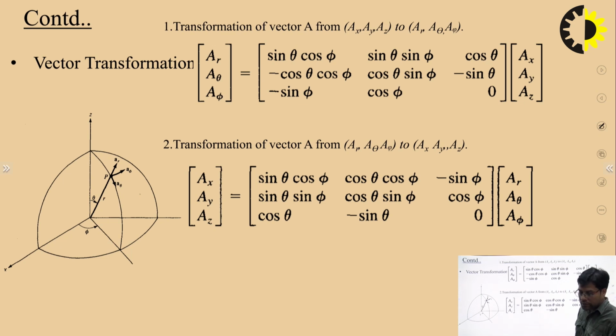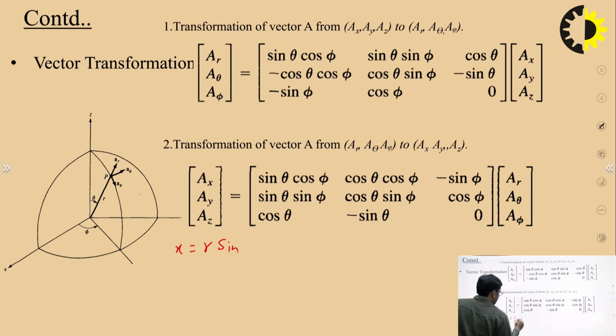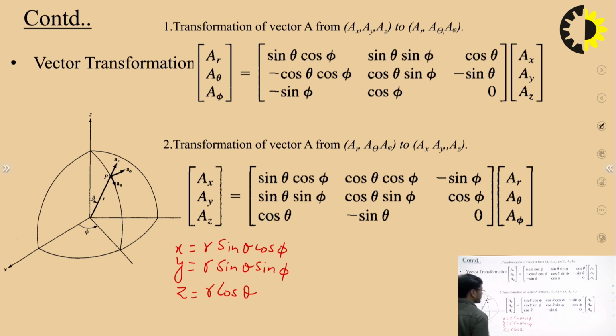And the last one is the vector transformation. Similarly, we need to understand the vector transformation matrix and how we can remember it. As far as we know, x is equal to r sin theta cos phi, y is equal to r sin theta sin phi, z is equal to r cos theta, right?